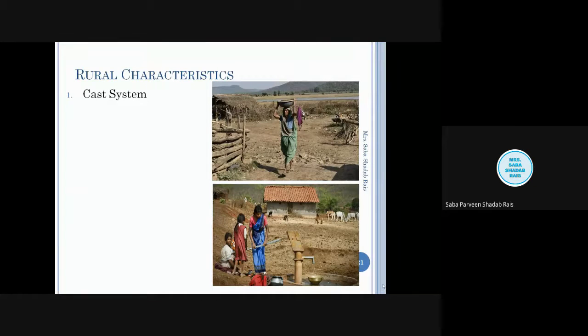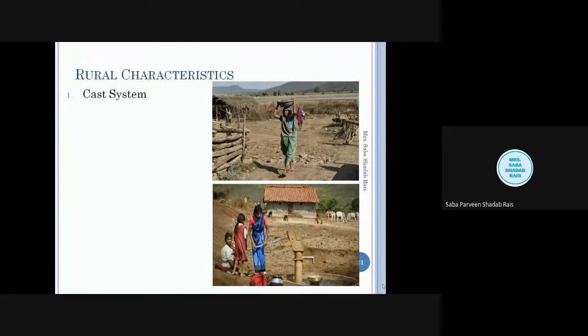Here the villagers have kept the tree of the caste system very nourished, so it is very widespread. There is hardly any village where many castes are not there, or they haven't maintained the caste system. Almost all villages have such a caste system.